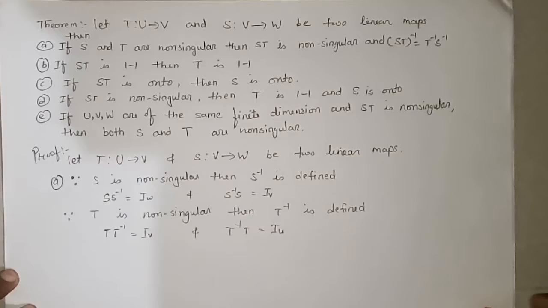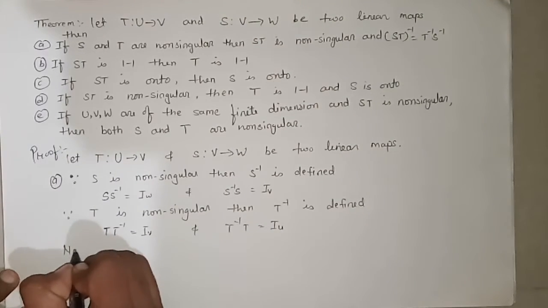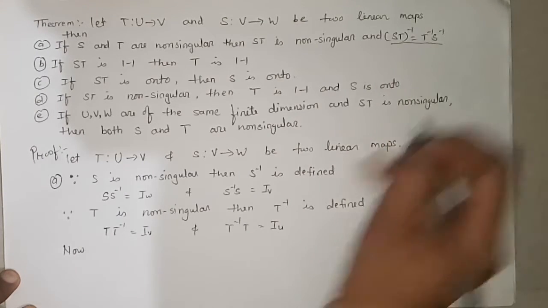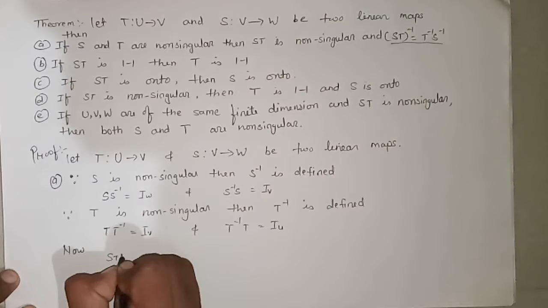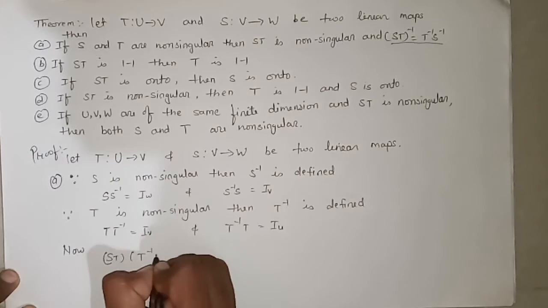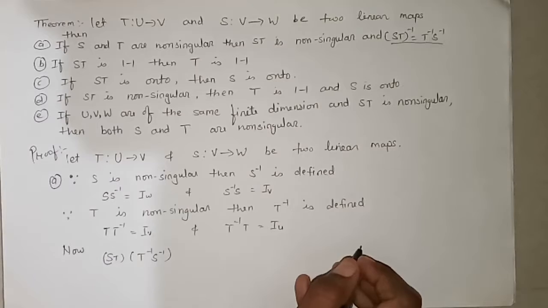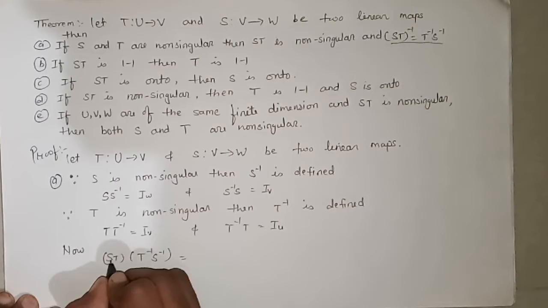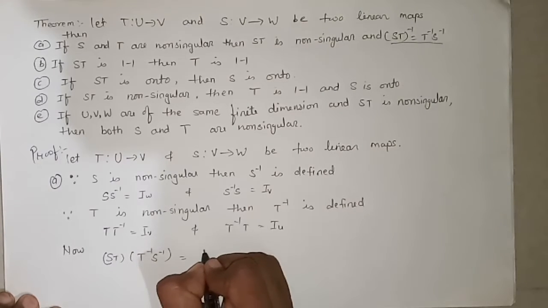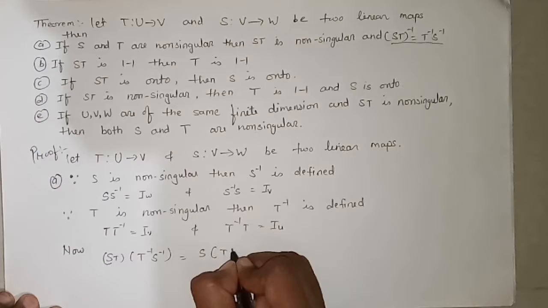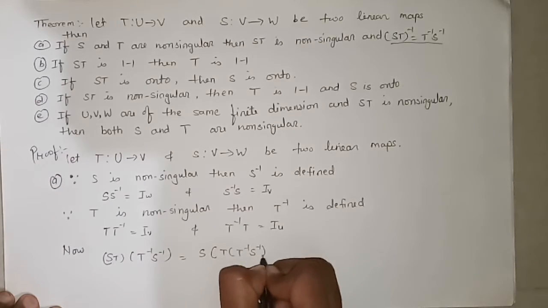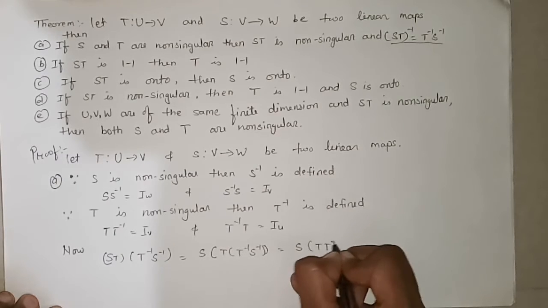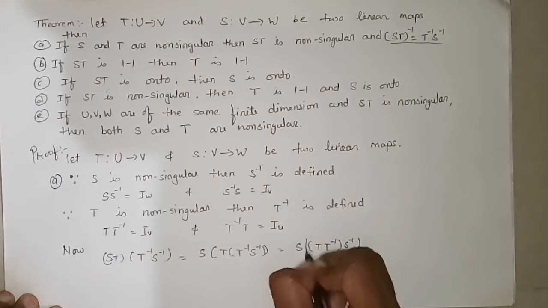Now we have to prove this part. So let us start. ST times T inverse S inverse is equal to, since these are all linear maps, S(T T inverse)S inverse.